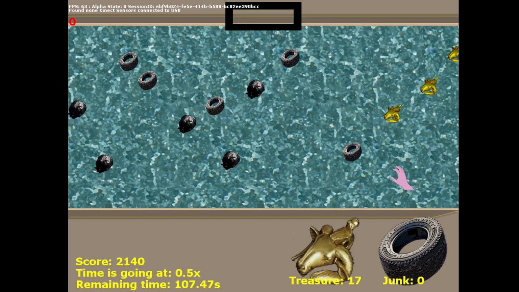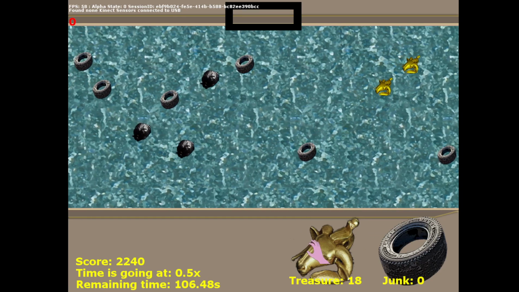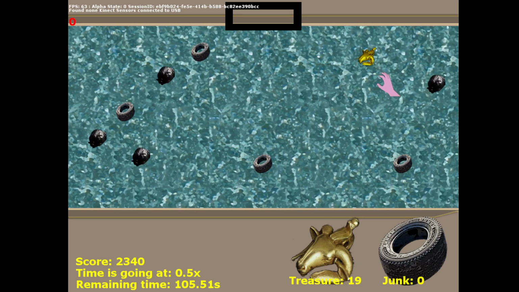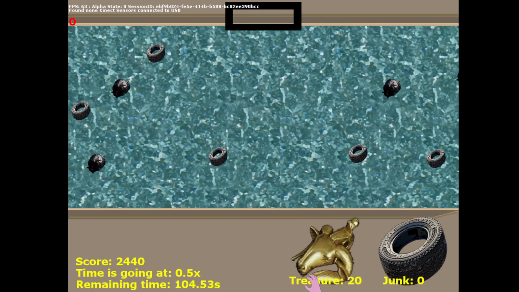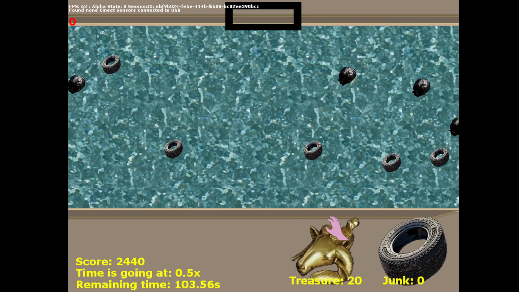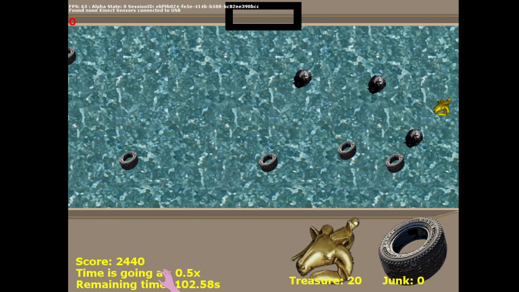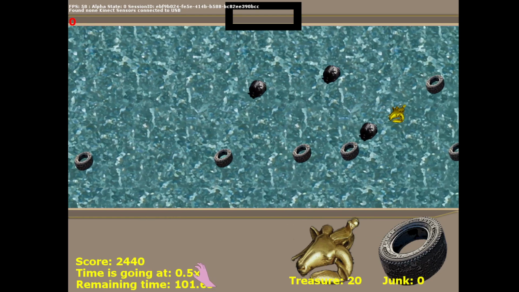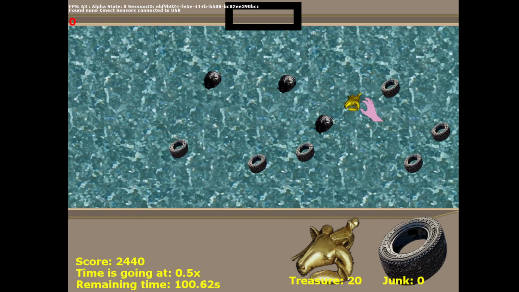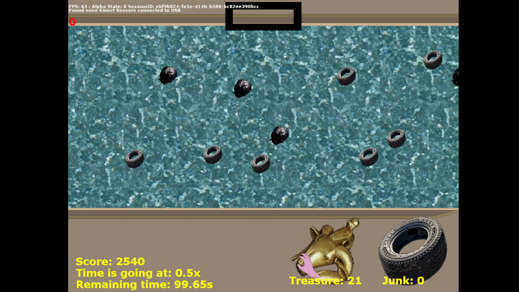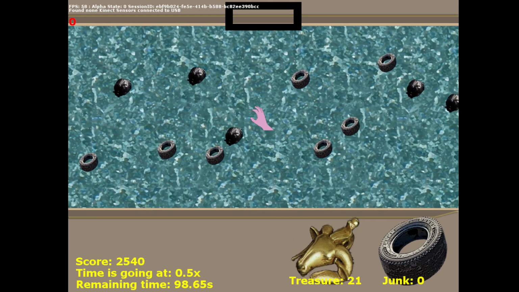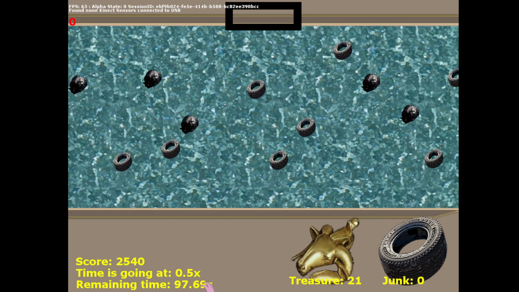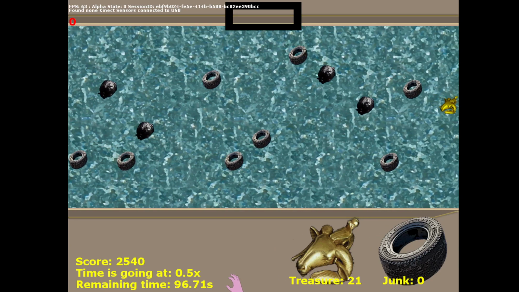And so basically we have this time remaining down the bottom, so the game ends on a timer, and the idea is you just want to collect as much as possible. But you can see that the time goes down to a lowest point of 0.5 times, and so the speed actually does influence the time remaining as well.